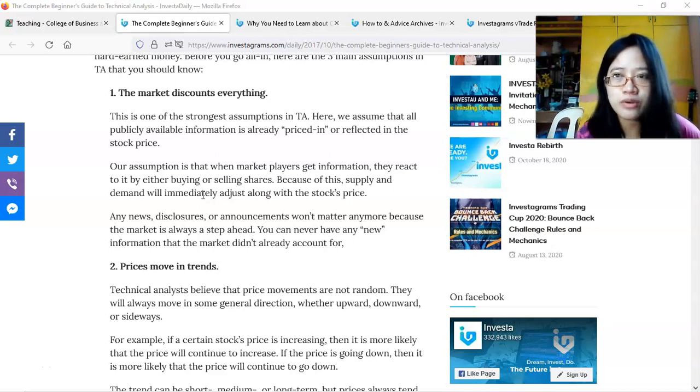Yung ibig sabihin ng of record, shareholders during that period, okay? Kung holder ka ng shares nila ng May, makakatanggap ka ng dividends na ibibigay nila ng June, okay? Kung nagbigay sila ng dividends ng June, tapos saka ka pa lang bibili, wala kang matatanggap na dividends kasi of record nila ay May, okay?